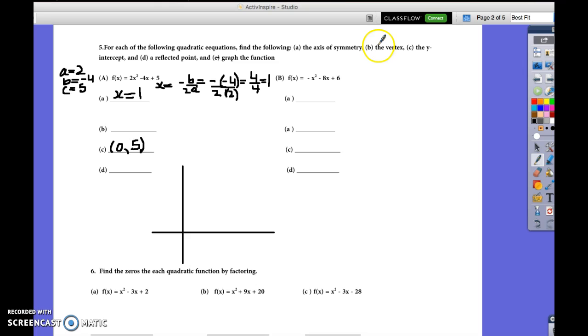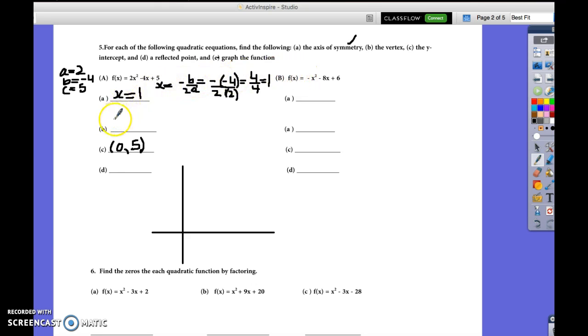And now we turn our attention to the vertex. Say, well, what's the difference? The vertex has an x coordinate, which is the same as the axis of symmetry, and then it has a y coordinate.